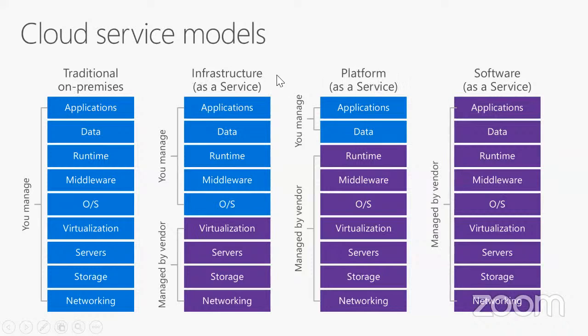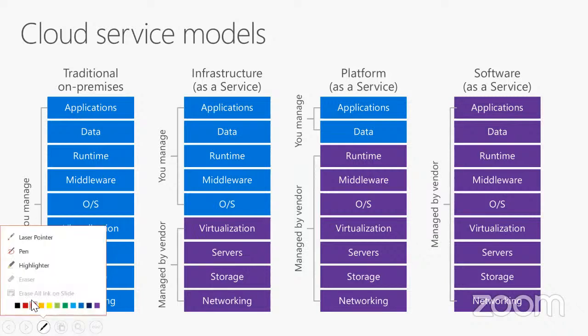One is infrastructure as a service, one is platform as a service, one is software as a service, and one is the traditional approach. What is our traditional approach? In the traditional approach, we are not going to move our infrastructure to the cloud. We are going to set up everything on our own.